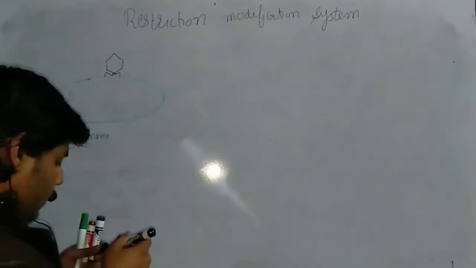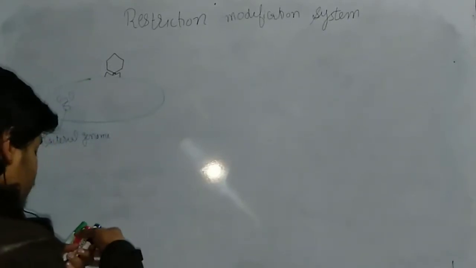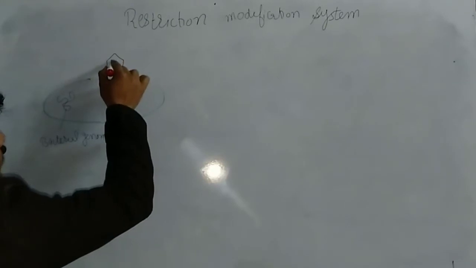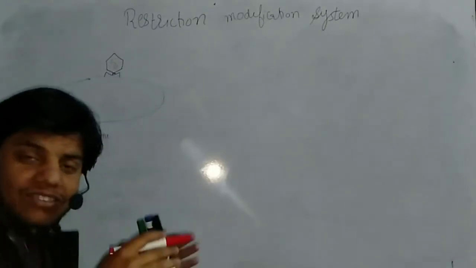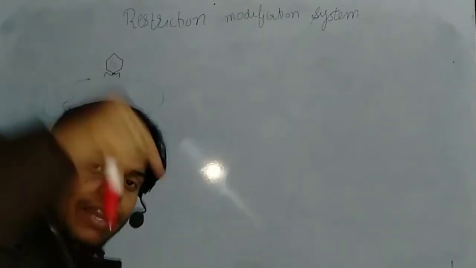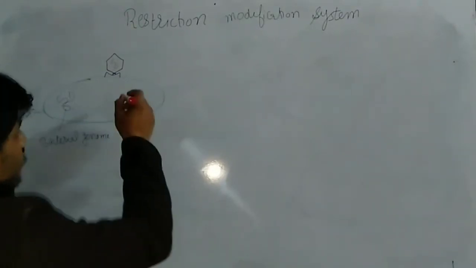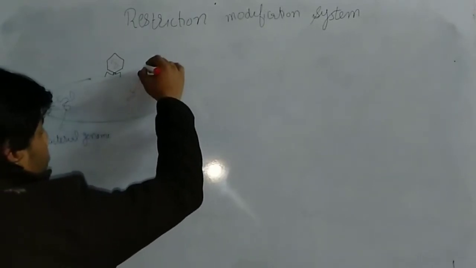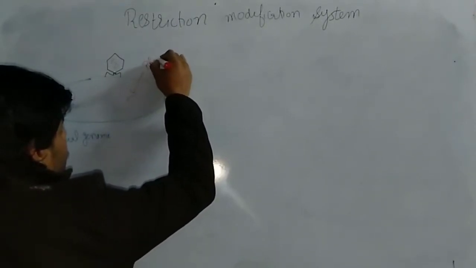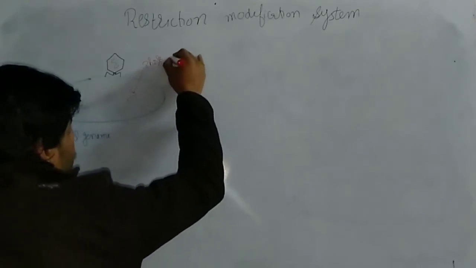Let's say this is the phage. Inside the phage there is also the genetic material of the phage. When it attaches to the bacterial cell, it will inject its own genome. So this red one represents the genome of the bacteriophage. Let me write phage genome.